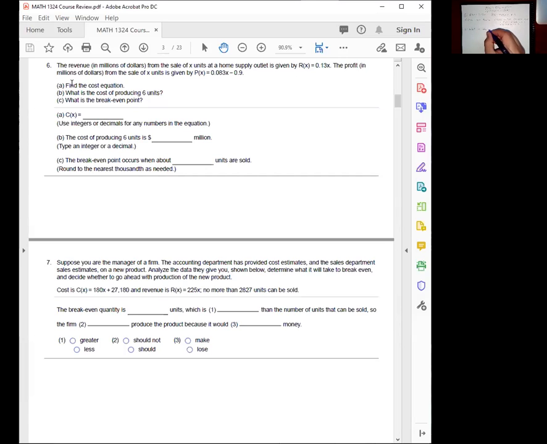Okay. Part B says what is the cost of producing 6 units? Well, just plug in 6 to our new cost function, right? So C of 6 is equal to 0.047 times 6 plus 0.9.